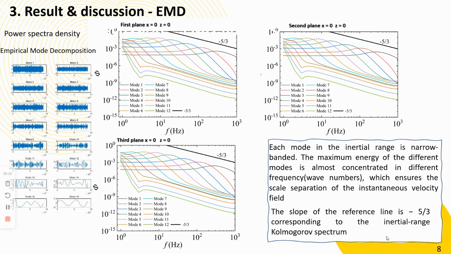From these three figures, we can see that for each mode, we can get a characteristic frequency, and all the peak values from the line follow the minus factor law, and the energy from large scale to small scale increases first and then decreases.